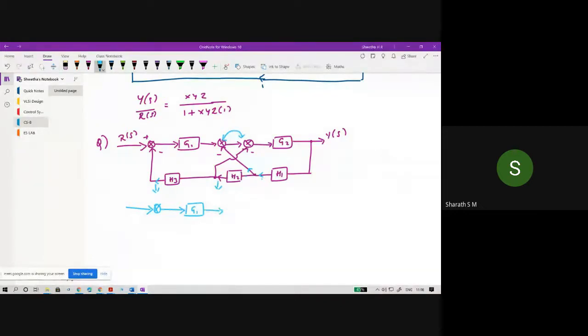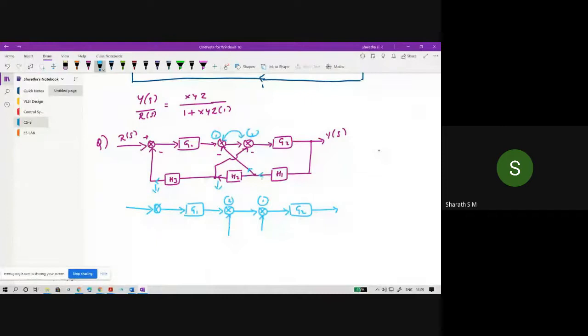Now I'm interchanging both the elements. Here we have a single line that passes through all the feedbacks. Now I'm making it separate. This one becomes the first and this one is the second.